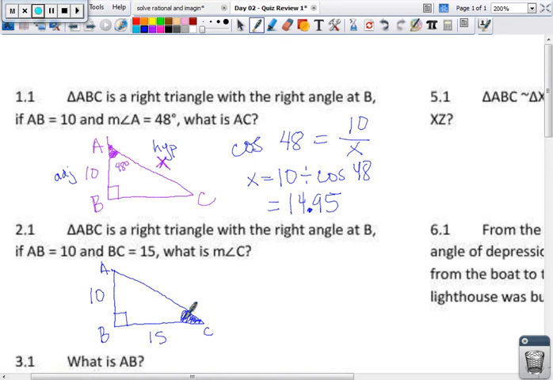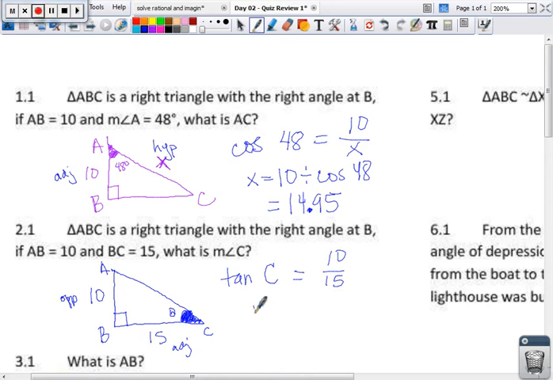So angle C is your variable, theta, alpha, beta, whatever you want to put in there. For angle theta, this is the opposite side and this is the adjacent side. So we're going to use the tangent function. So the tangent of C, since we're looking for angle C, is the opposite side divided by the adjacent side.